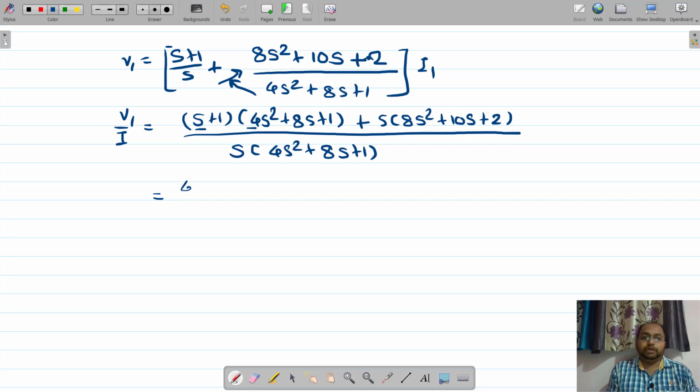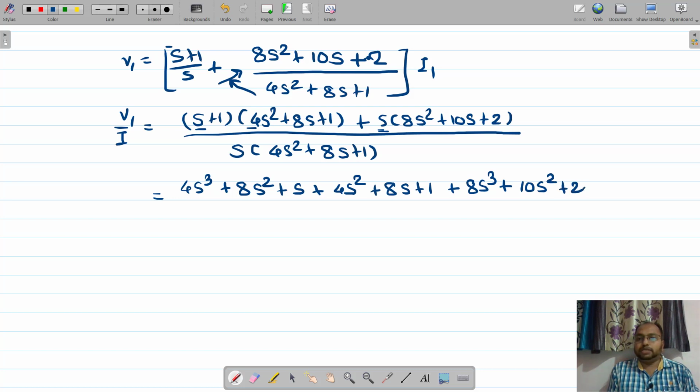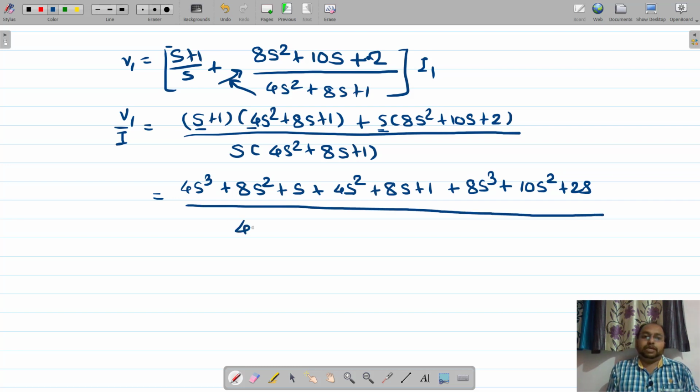So 4S cube plus 8S square plus S plus, let us multiply by now 1, 4S square plus 8S plus 1, plus, now let us multiply by S inside this bracket, 8S cube plus 10S square plus 2S, and the denominator is 4S cube plus 8S square plus 1S.